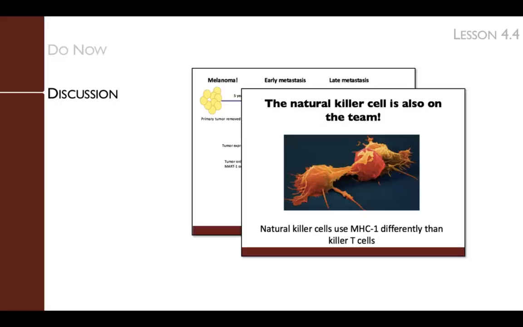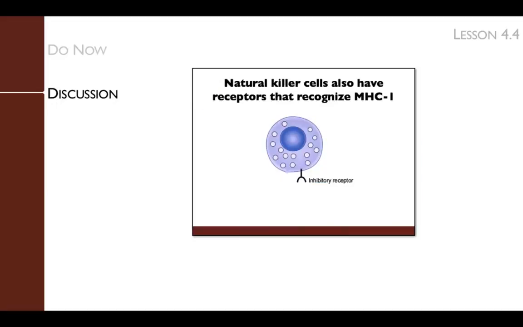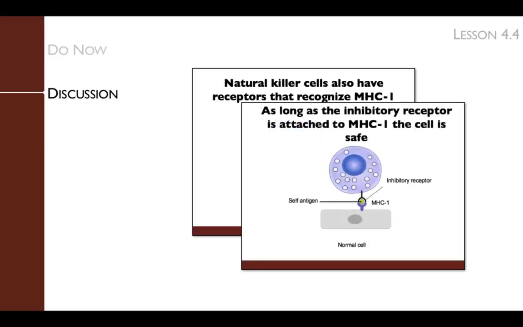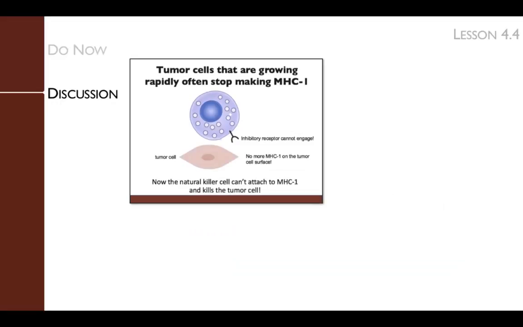Fortunately, a different type of immune cell, called natural killer cell, is also brought into play, and these natural killer cells have a different type of receptor, called an inhibitory receptor. As long as natural killer cells see an MHC1 receptor on a cell, they won't kill the cell.